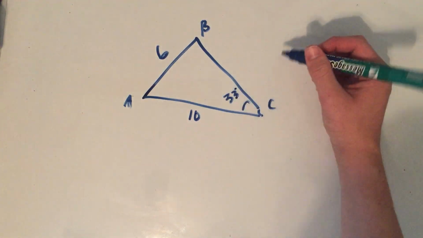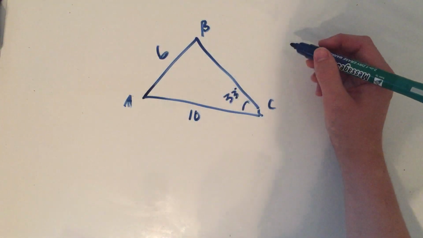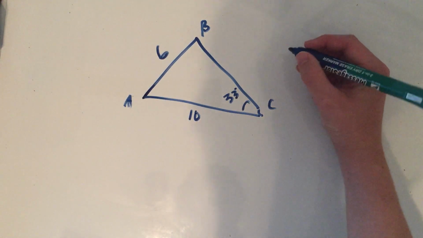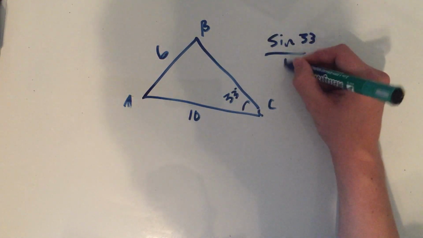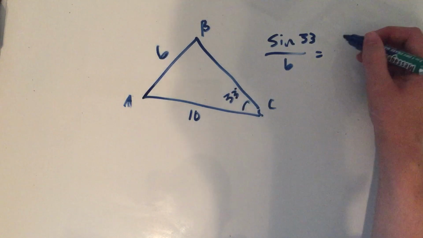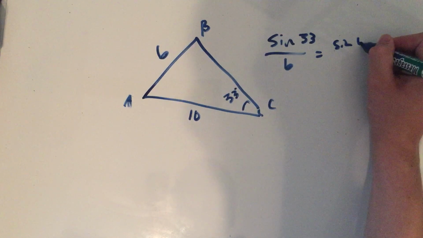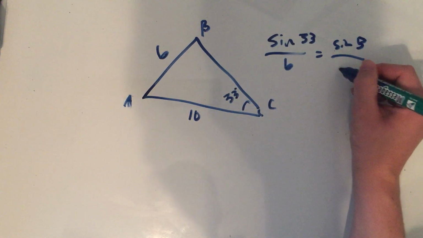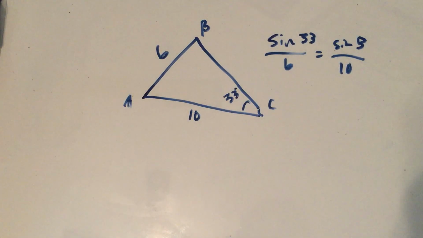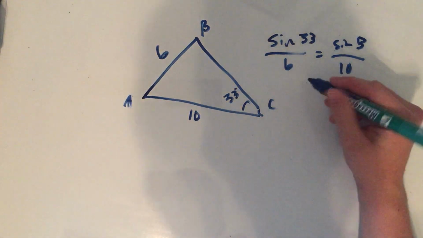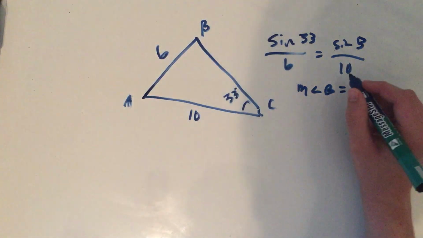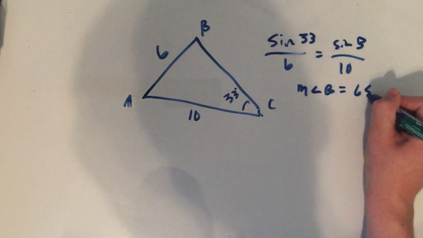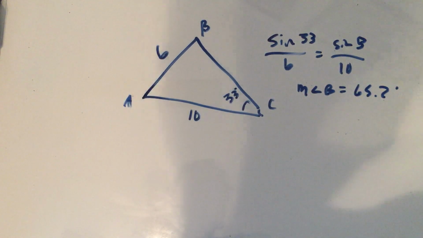So what we're going to do is solve for the missing values like we do normally. We're going to take the sine of 33 over 6 equals sine of B over 10. So we multiply that, and we end up with a B value of 65.2 degrees.